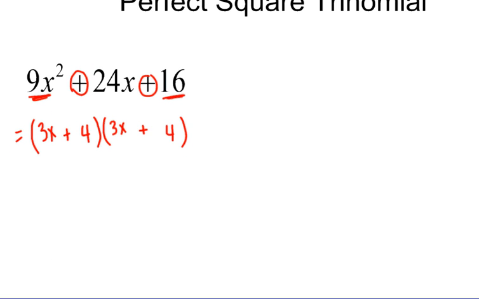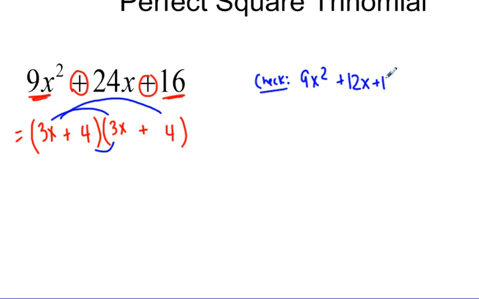If we were to check our work, we're going to FOIL to get 9x squared plus 12x plus 12x plus 16.